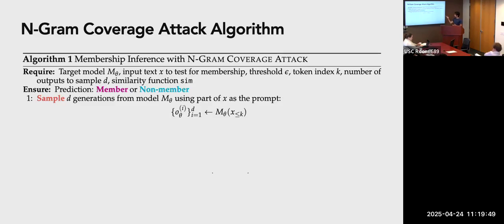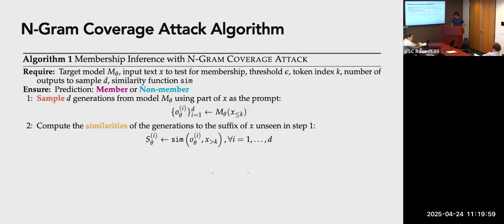We're going to do that D times, and we're going to get a set of these generations. Now we have these generations, and we're going to compute the similarity of them to the rest of X, which wasn't seen before. That's this greater-than-K symbol, for all of our generations. Finally, we have a bunch of similarities.